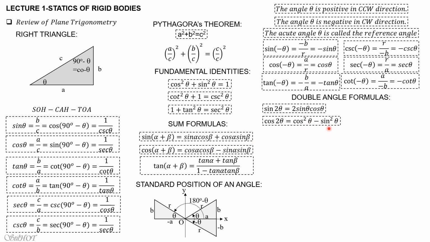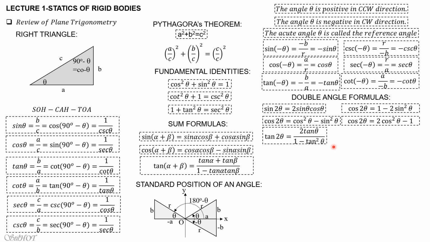If we replace cosine square theta by its identity, which is 1 minus sine square theta, then we have another formula for cosine 2 theta, which is equal to 1 minus 2 sine square of theta. If instead we replace sine square theta by its identity, which is quantity 1 minus cosine square theta, another formula for cosine 2 theta would be equal to 2 cosine square theta minus 1. So that's the double angle formulas.